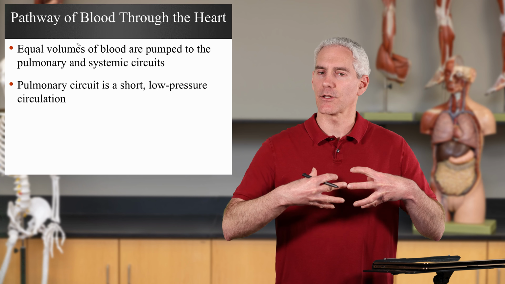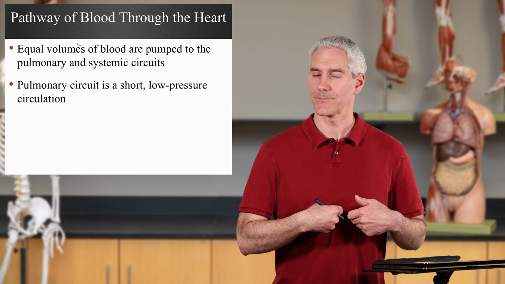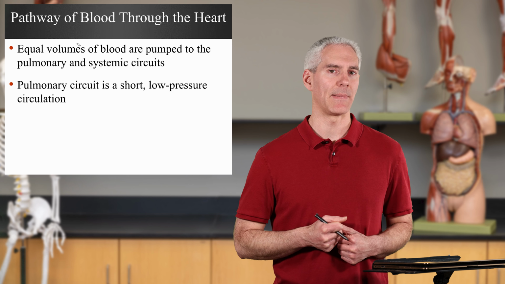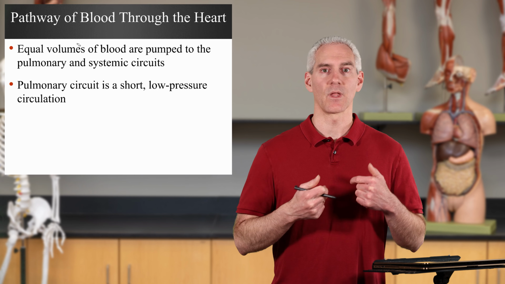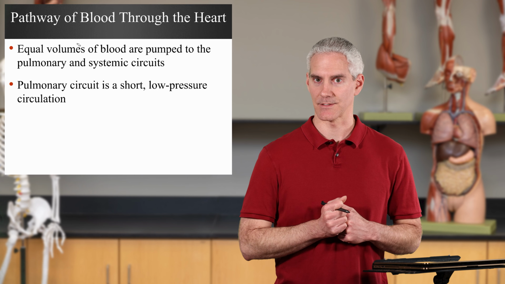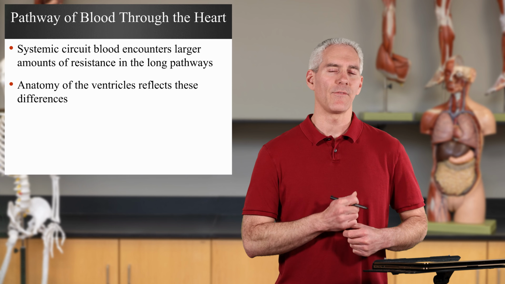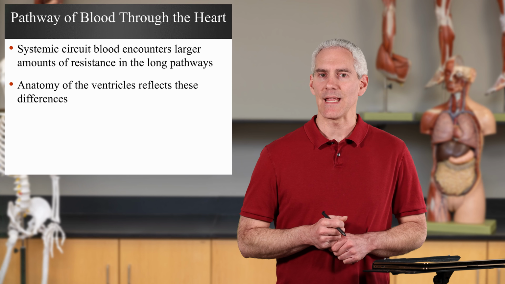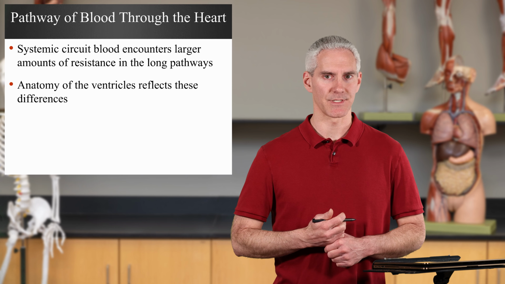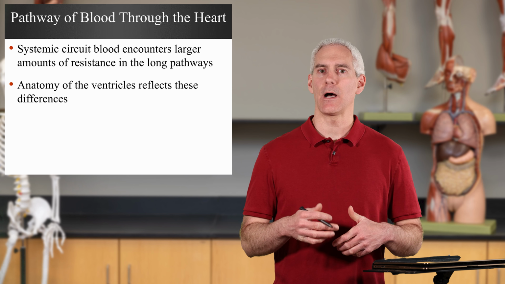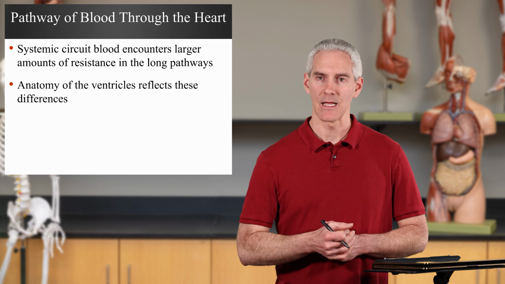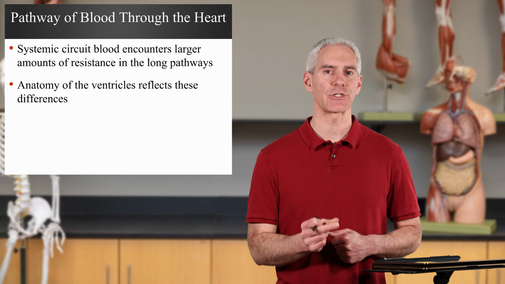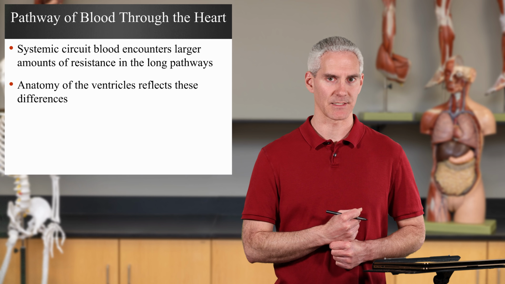So each ventricular contraction, right and left side, are pumping equal amounts of blood from the right to the pulmonary circuit, from the left to the systemic circuit. But now that systemic circuit is going to be a higher pressure system. So whenever you hear about blood pressure, maybe 120 over 80 millimeters of mercury, that blood pressure is the pressure in the systemic circuit.